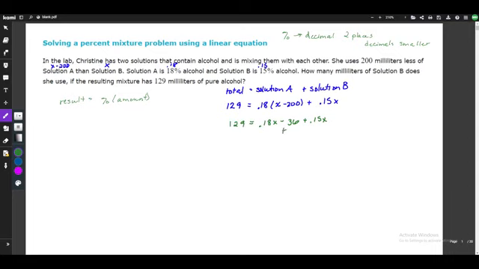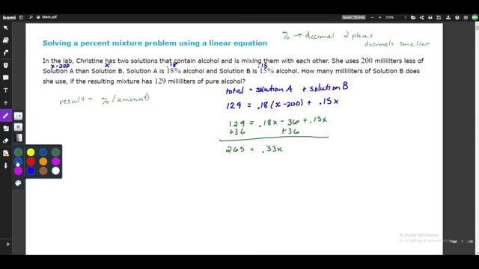I'm going to add the 36 to both sides, and that will give me a grand total of 265. Add the 18 and the 15, so that is going to be 0.33x.